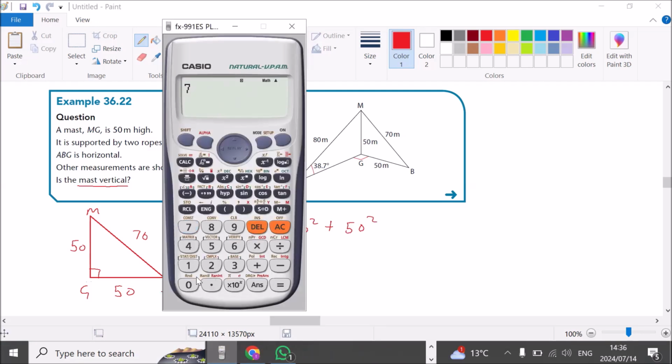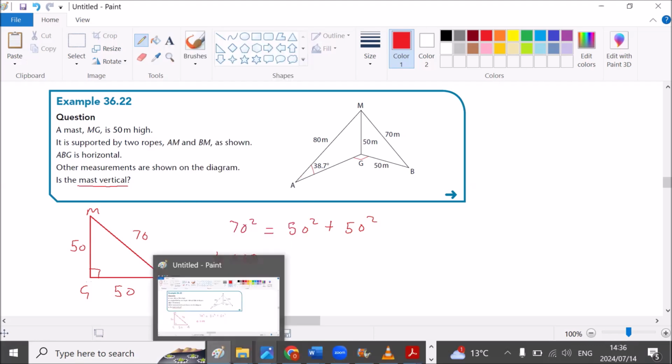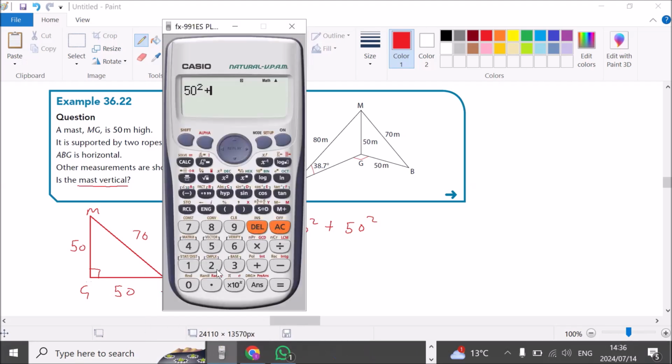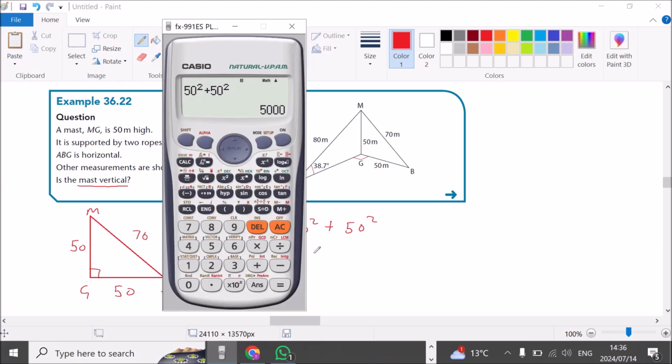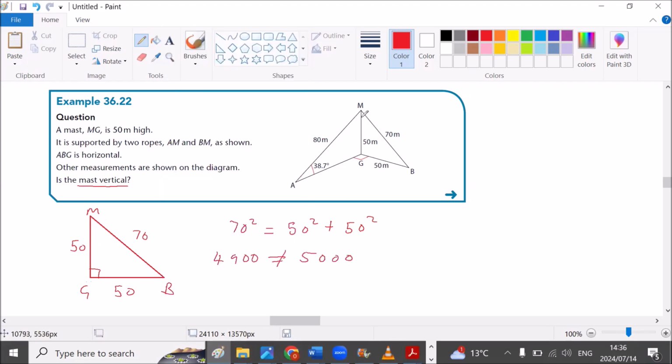Now, 70 squared is equal to 4,900. And 50 squared plus 50 squared is equal to 5,000. So 4,900 is not equal to 5,000. So this mast can never be vertical because Pythagoras' theorem is not followed. The mast is leaning at some angle from the horizontal ground.